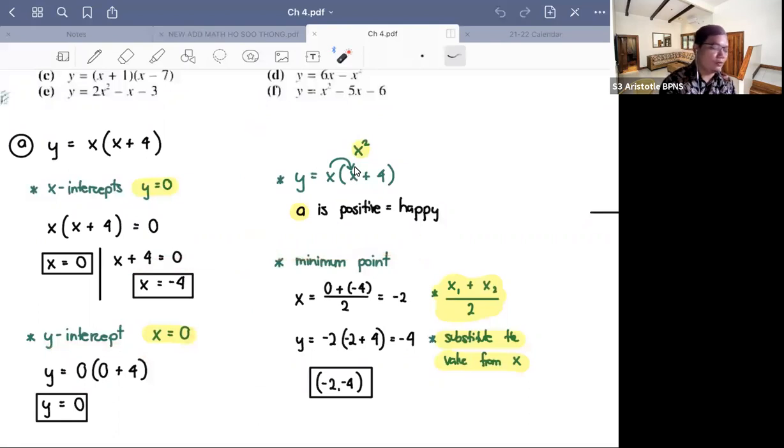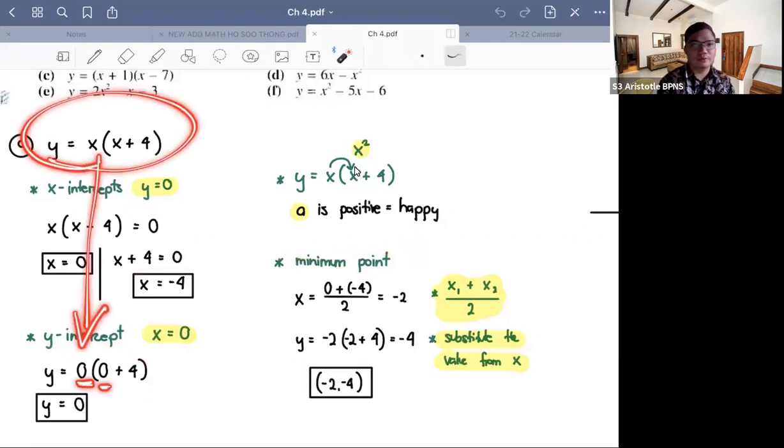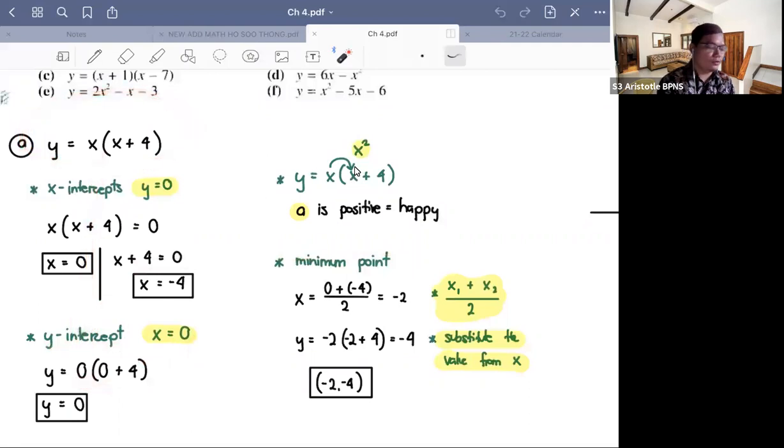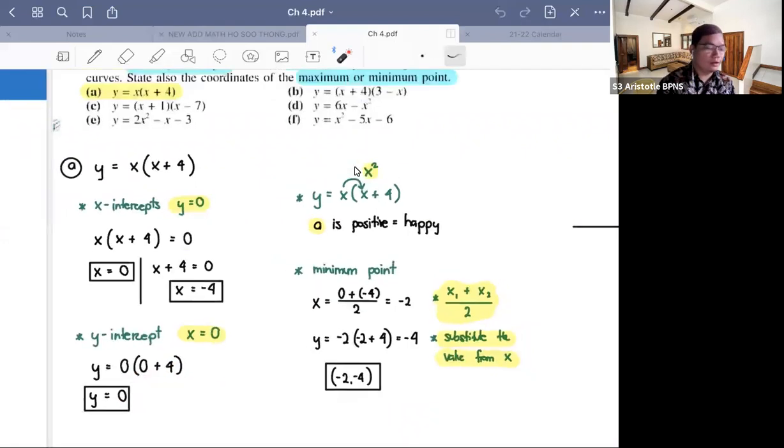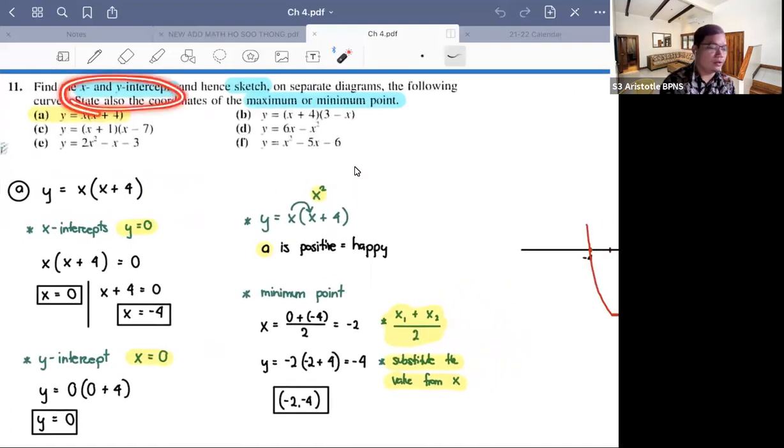So therefore, using the same formula, x becomes 0, and 0 plus 4. So obviously, 0 times 4 is 0. So your y-intercept is at 0. Okay, so we have done the first two questions. So we have found the x and y intercepts.